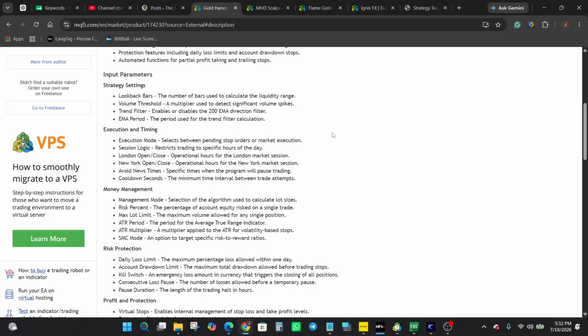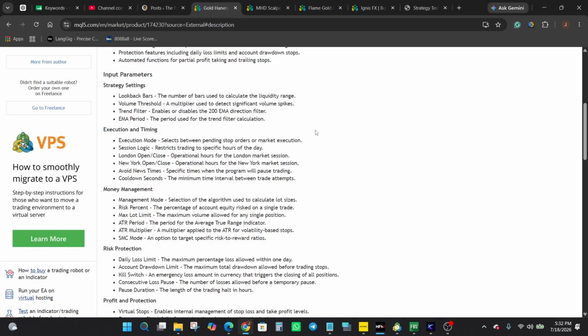Money management includes risk percentage per trade, a maximum lot ceiling, ATR period, and multiplier for volatility based stops, and an option targeting specific risk to reward ratios.